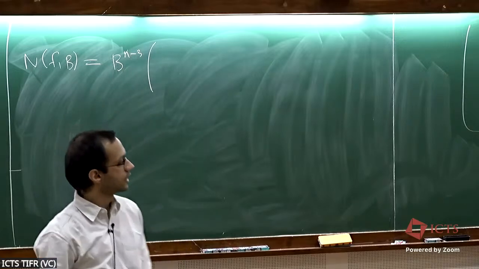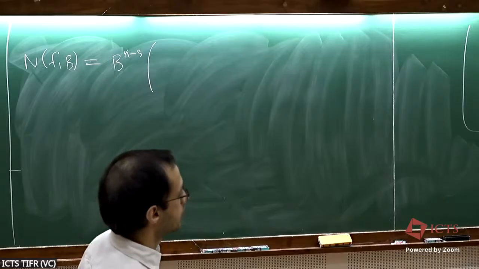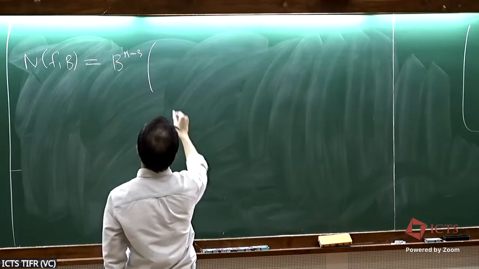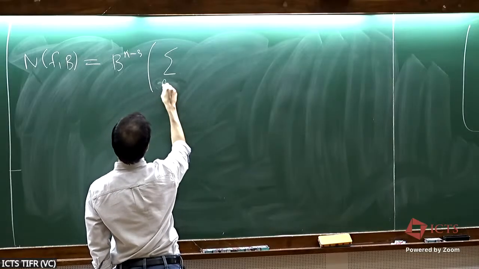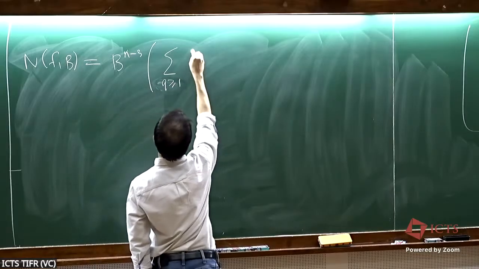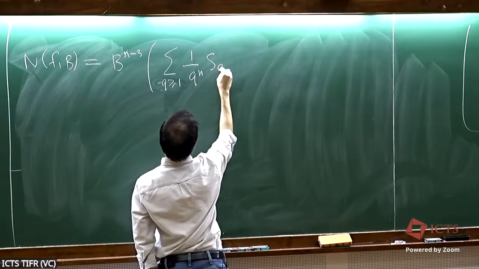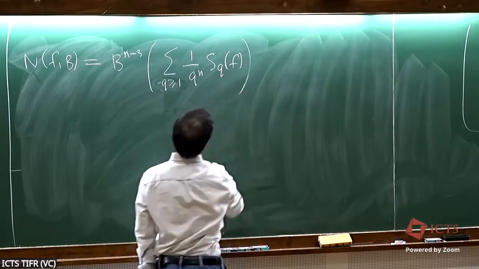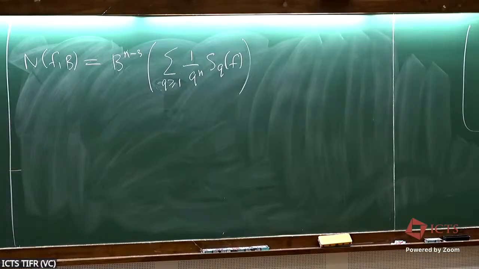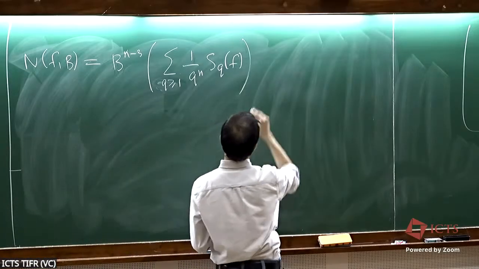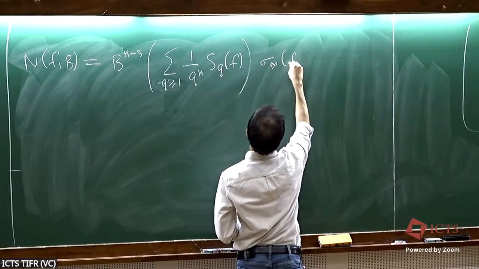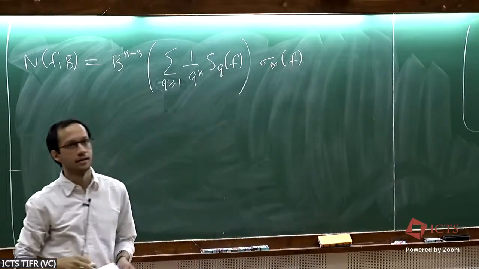And then what you have is the sum over all of the Q's, and then you have 1 over Q to the N. And I'm now going to write the standard notation. So the rest of it is your S_Q(F). And then you have this integral. So again, let me use the standard notation. So this is the singular integral.